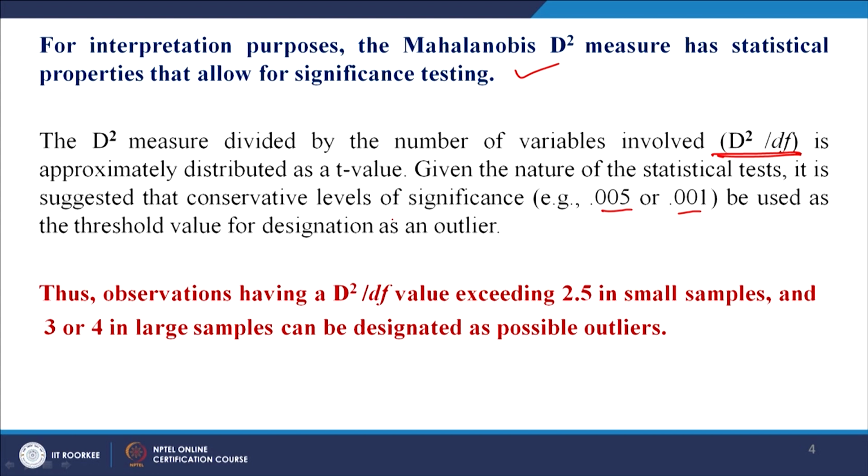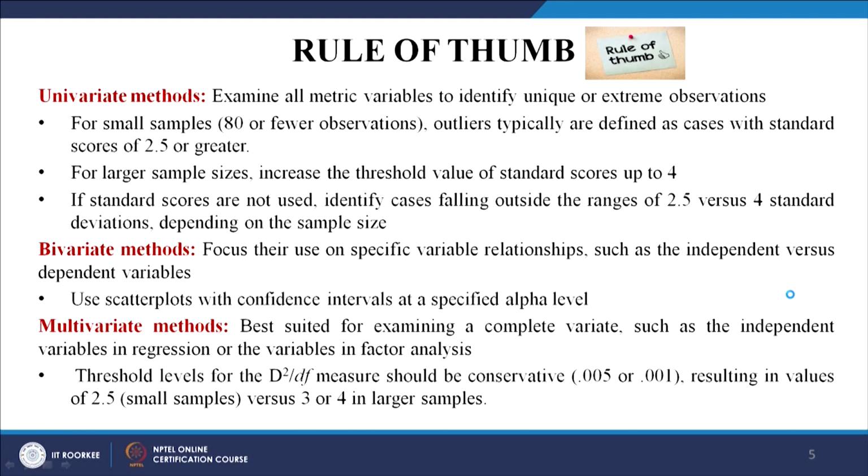I will show you how to do that. Observations having a D square by degrees of freedom, where df is the number of variables minus 1, exceeding 2.5 in small samples and 3 to 4 in large samples are possible outliers. So, that is the rule of thumb.